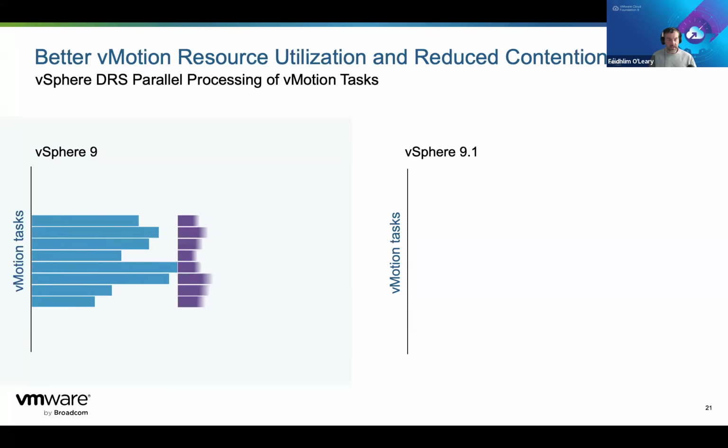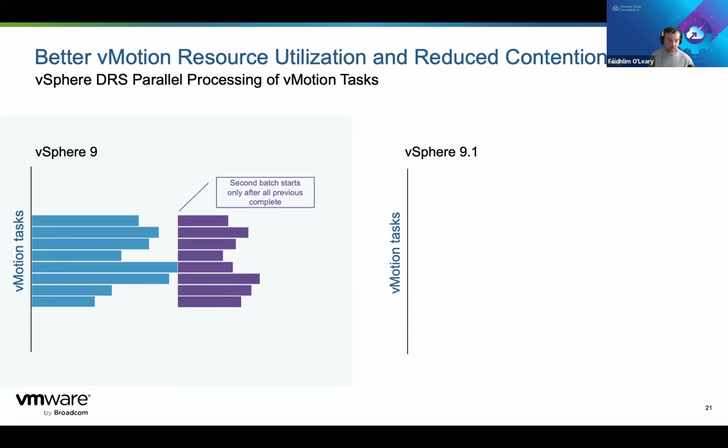Now, in vSphere 9, if you're doing a batch of, let's say, 16, you bulk select 16 VMs and vMotion these 16 VMs to wherever we want them to go. The first 8 will start, but the second batch won't start until the previous batch has all finished. So there's a lot of time and cycles wasted waiting for that last vMotion to complete.